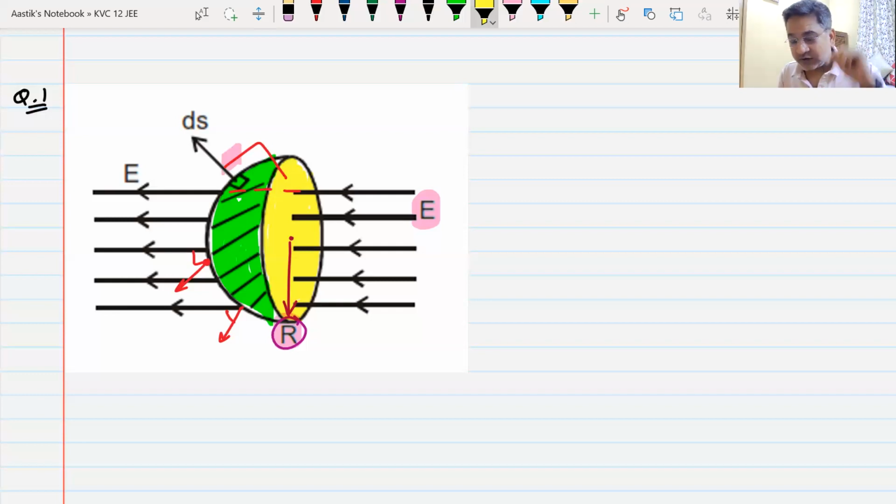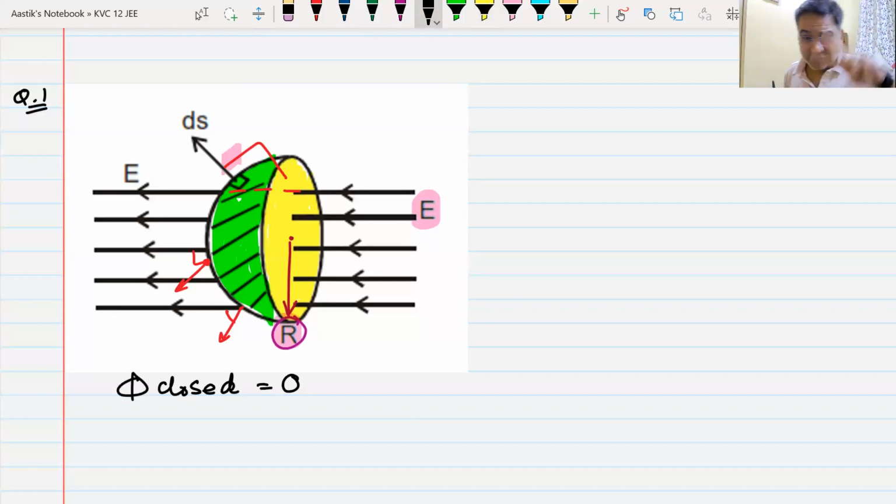And as soon as it becomes a closed surface, the total flux through this closed surface becomes 0. That gives you the answer straight away. Because this closed surface is placed in a uniform electric field, flux through this closed surface is 0.